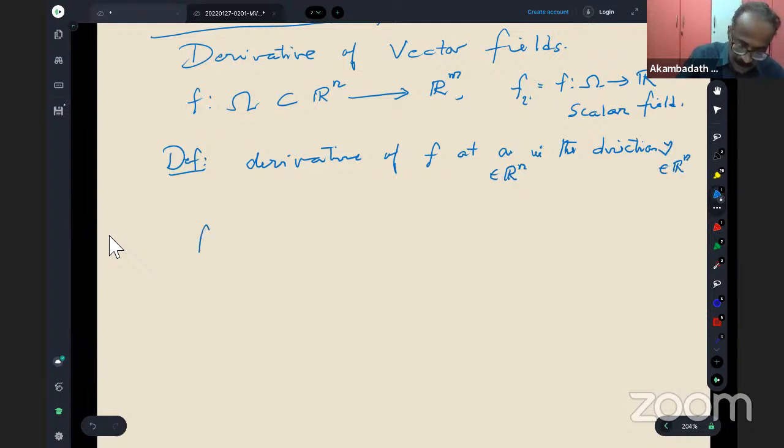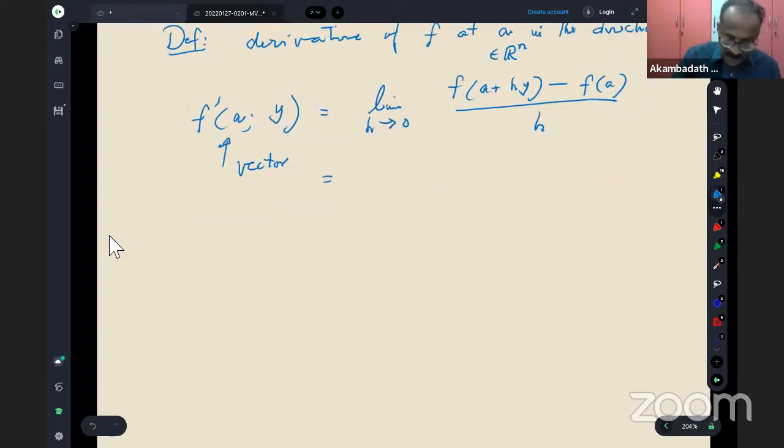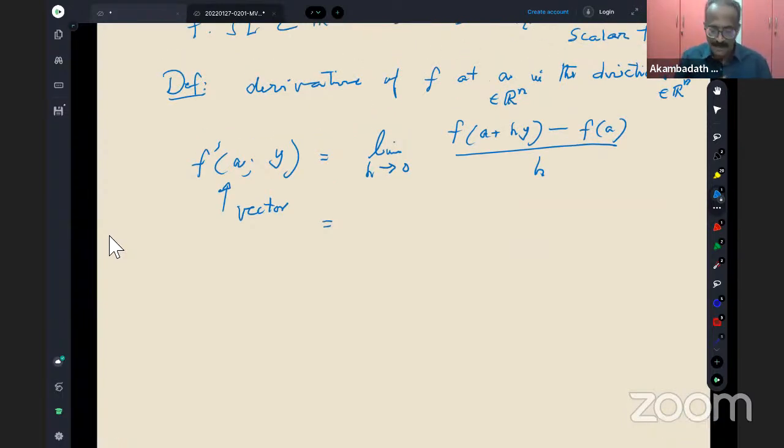It's the same thing, so I use the same notation. f prime of a, y is equal to the limit as h tends to 0 of f of a plus hy minus f of a, by h. Note that this is a vector. Everything is in vector. Earlier it was scalar. Whenever the limit exists, we say that this is the derivative in the direction y.